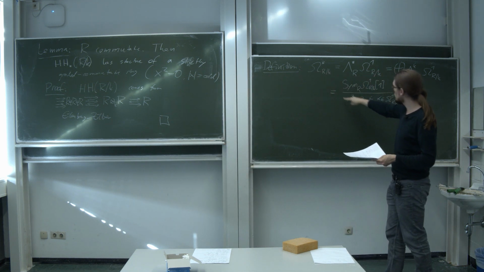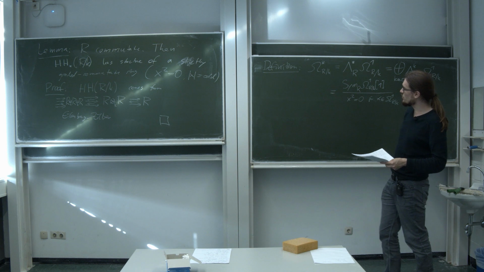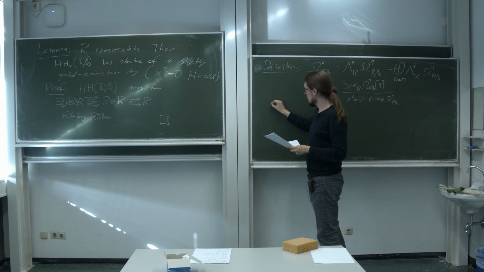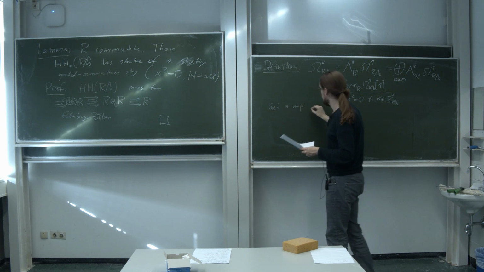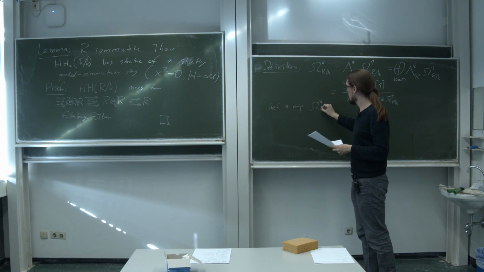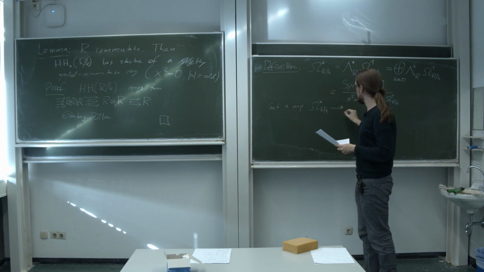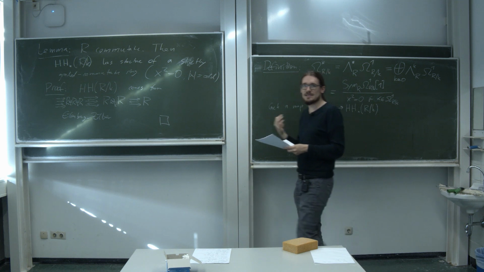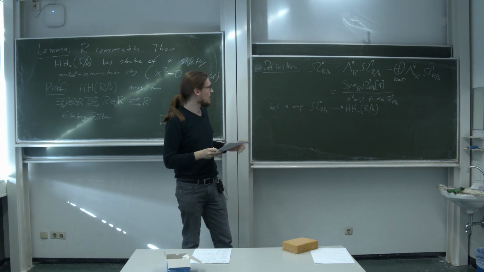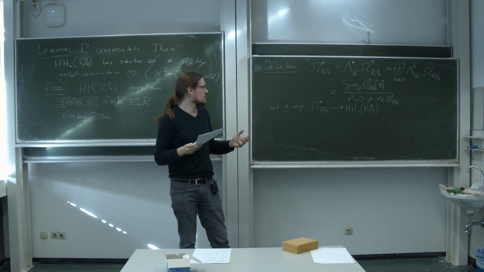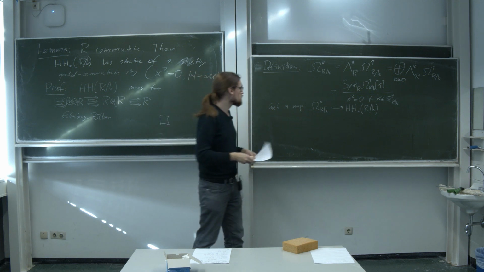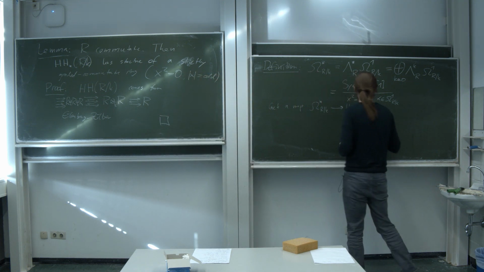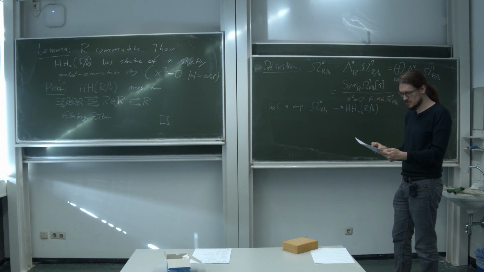So using this presentation of this de Rham complex, we get a map from here to our Hochschild homology groups simply by extending the map from Ω¹ to HH1 that we started with, the isomorphism that we previously discussed.